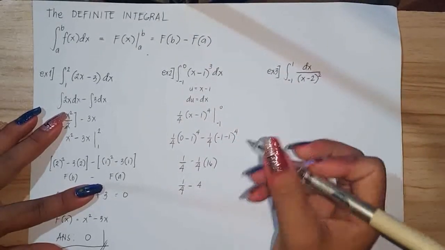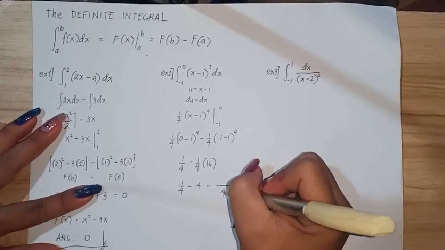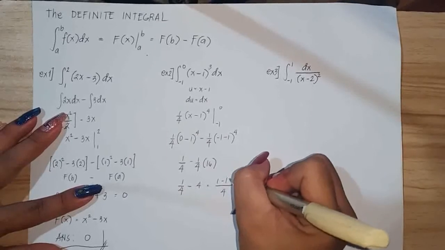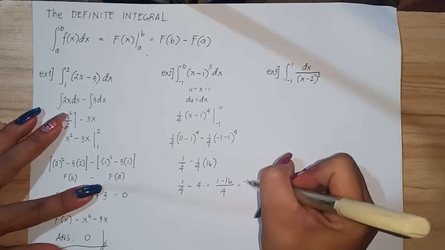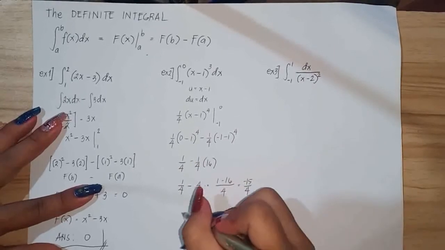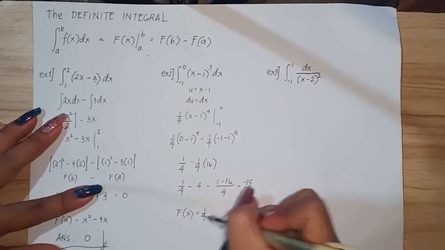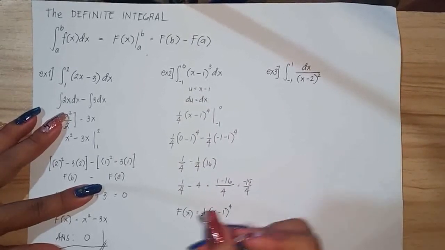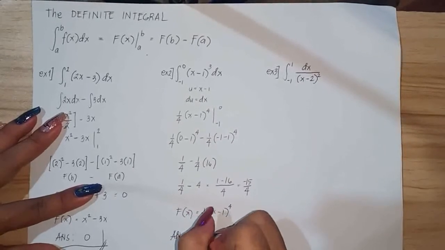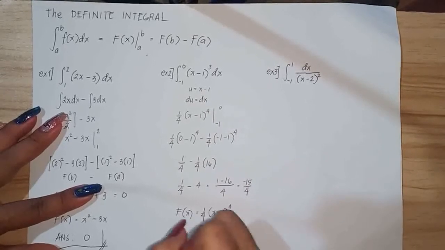Simplifying this, you will now have over 4, then 1 minus 16, you will have -15 over 4. So your F of x is 1/4 of x minus 1 raised to 4, but your final answer is -15 over 4.